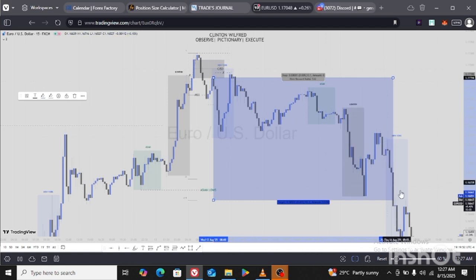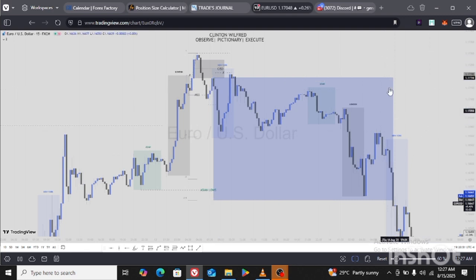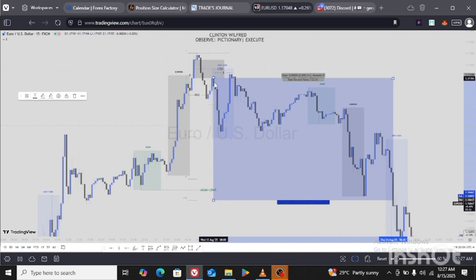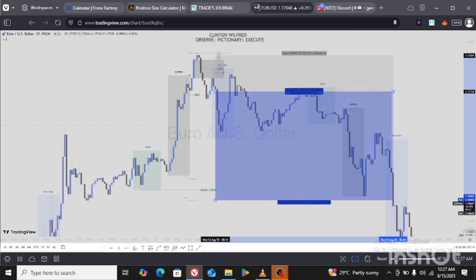So if price should expand and take you out, you hit break even, you will not lose any money and you will not make any money. So when you have a high impact news coming up, you try to avoid it.